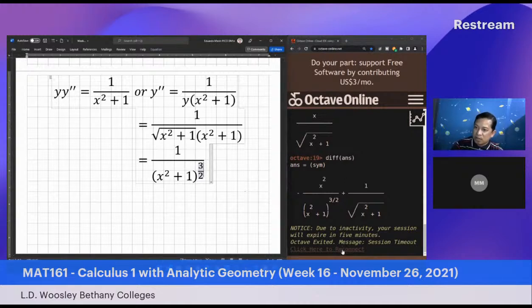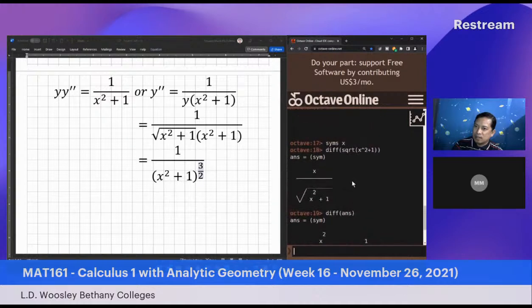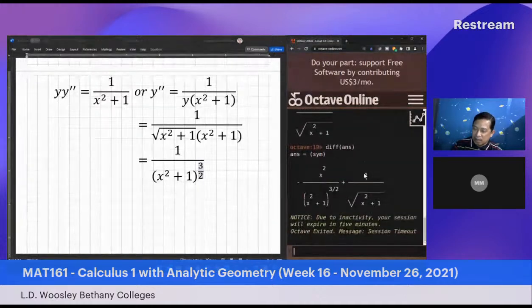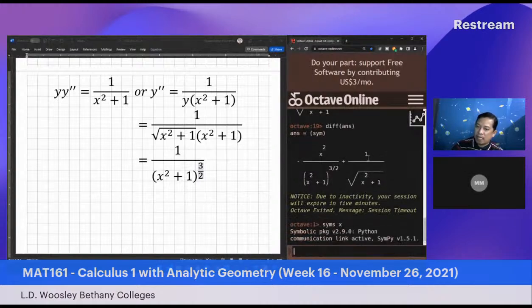Ngayon, pag ippiprint ko to, naku, hindi na naman nakakonekta. Kasi nga ito, hindi ko pa na-simplify. So, pwede itong isimplify. Sana. Ulit. Tignan natin kung tatama siya. F of square root of x squared plus 1.